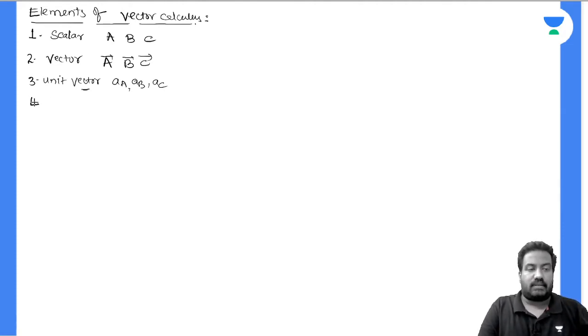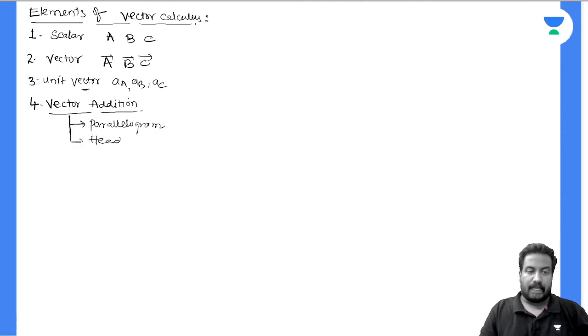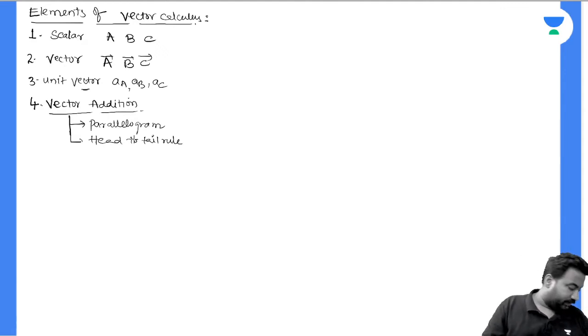After this, we have started vector addition. Addition of vectors is done by two methods: parallelogram law and head to tail rule. What is parallelogram law, dear?